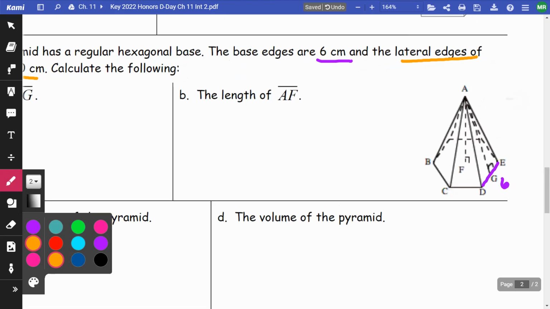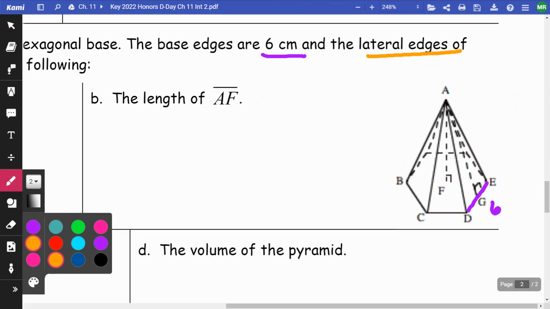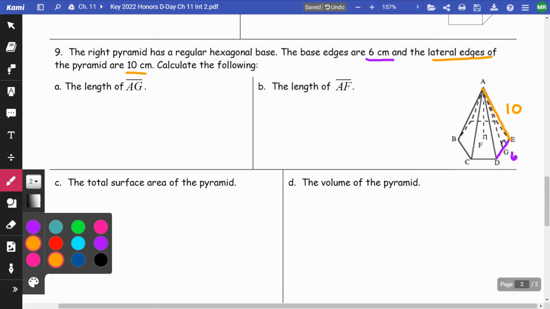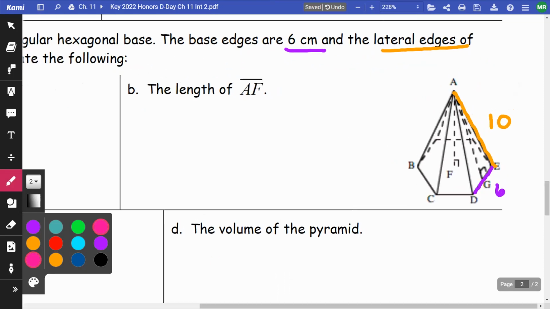So the lateral edge, for example, would be this, okay, and that is going to be 10. And we want to find a couple things. First thing we want to find is AG. So AG is going to be from here to here.